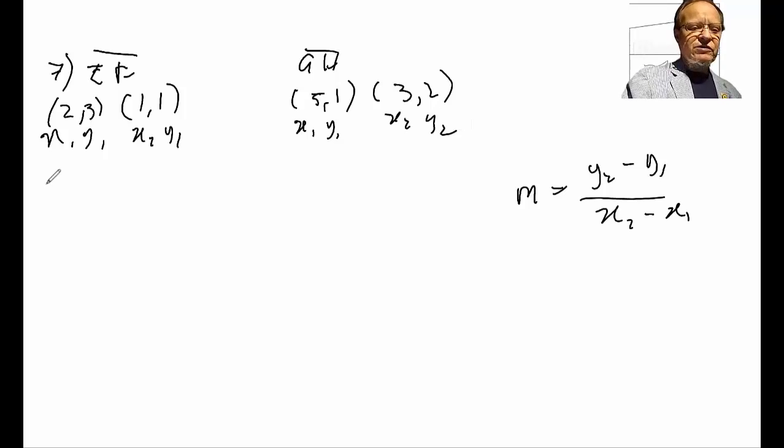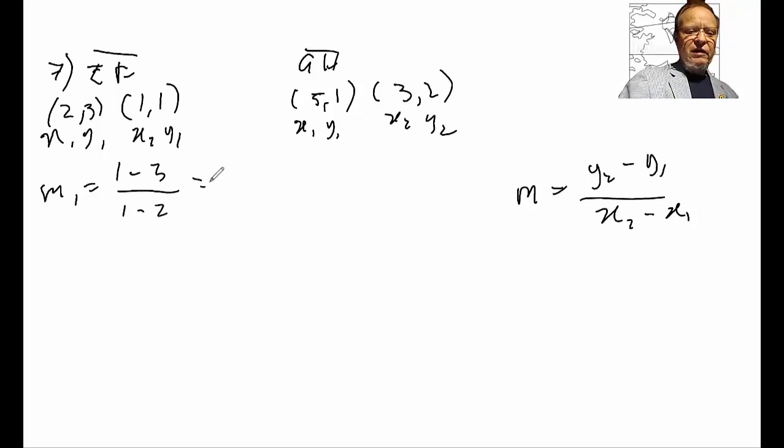And so I find the slope, let's call it m1: 1 minus 3 over 1 minus 2. 1 minus 3 is negative 2, and 1 minus 2 is negative 1, and that's equal to 2 over 1.